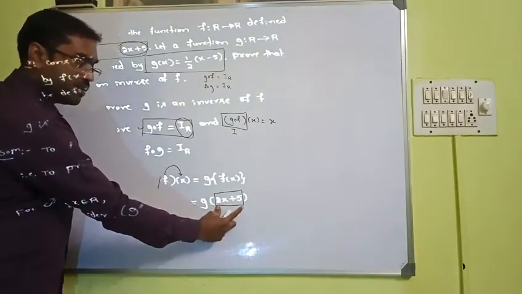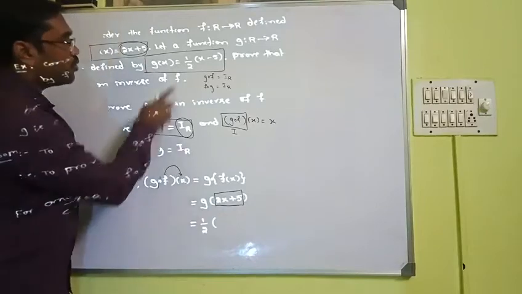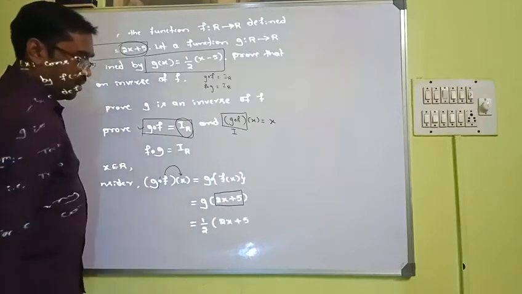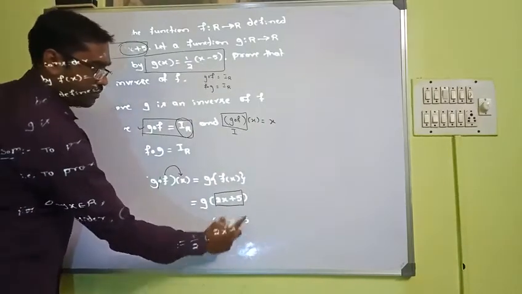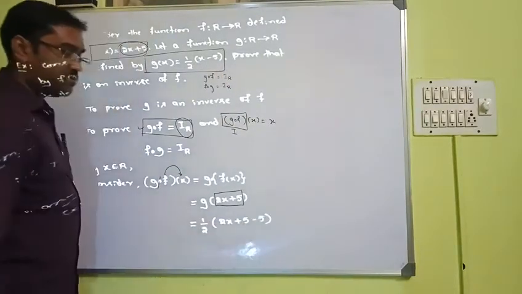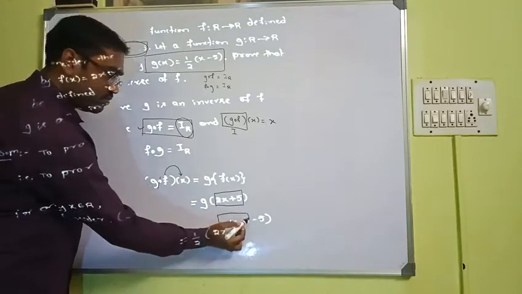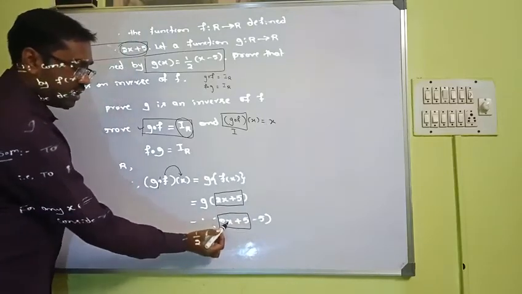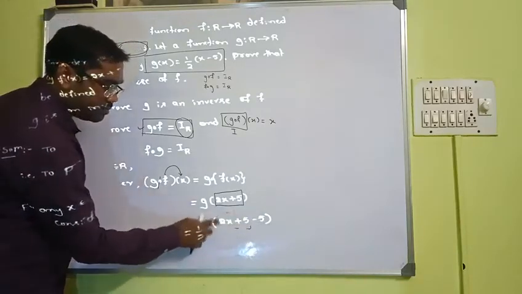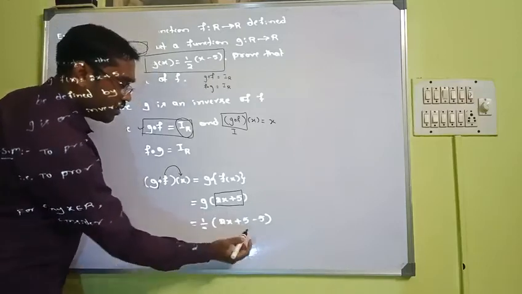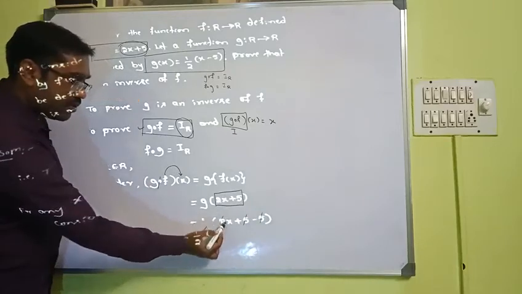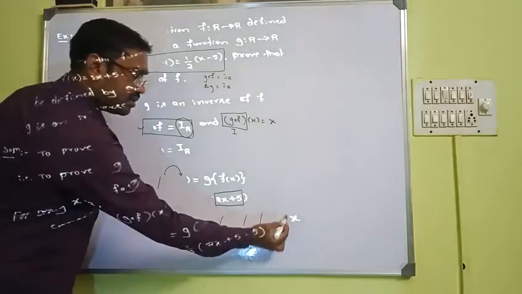The element is this full element we have written, then minus 5. So this is our element now, that is half element minus 5. Right. Now what happens? Plus 5 minus 5 will get cancelled. Then this 2 will get cancelled. You will get just x. Yes, we have proved this.